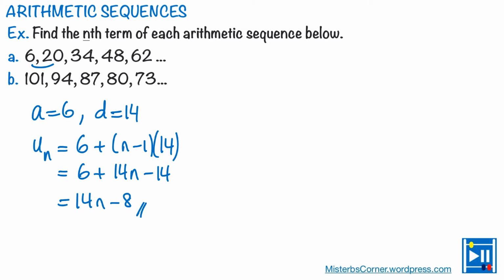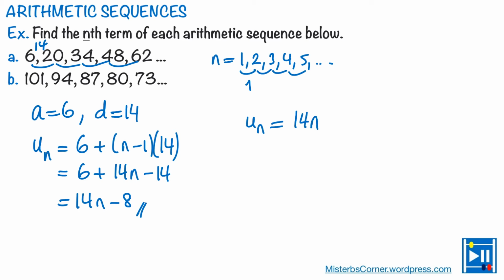Now the second way starts with the idea that the sequence for n is like 1, 2, 3, 4, 5, and so on, right? And the common difference here is just 1, whereas the common difference here is just 14. So every increase in 1 for n corresponds to an increase of 14 in this sequence. So I'll start writing, instead of n, 14 times n.